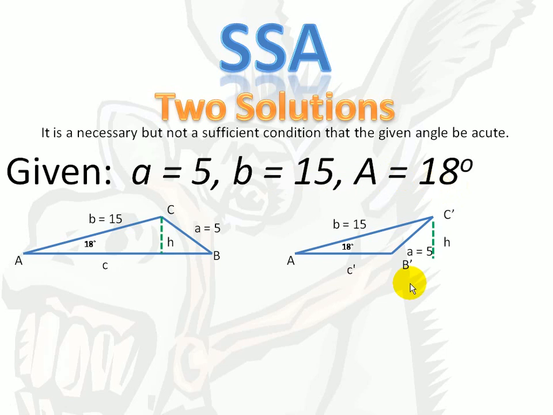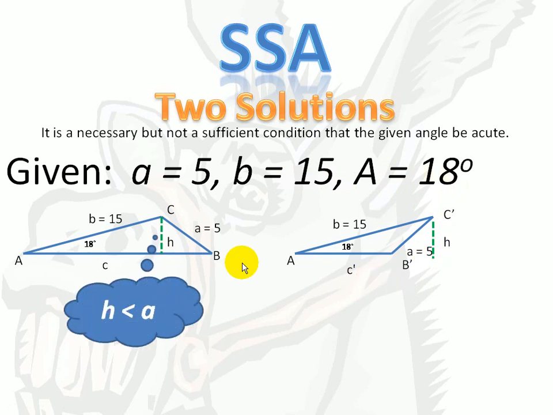Now let's take a look here. I'm going to drop an altitude or height down for both of these. And we want to take notice of some things here. First of all, notice that the height is less than A on this triangle. And that has to be, right? Because A is the hypotenuse that's formed when I construct this height. So obviously H has to be less than A there.